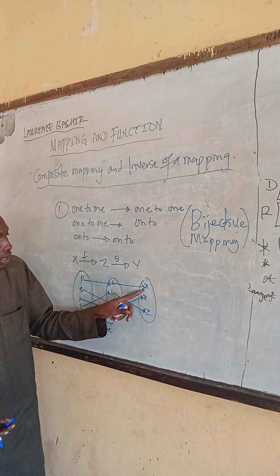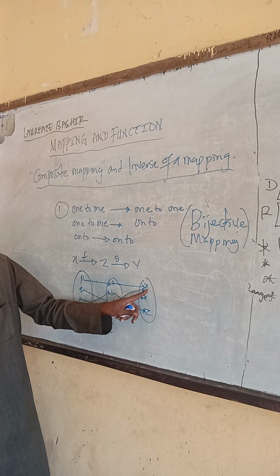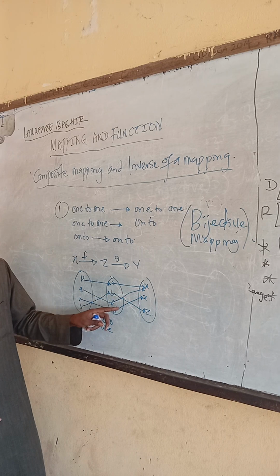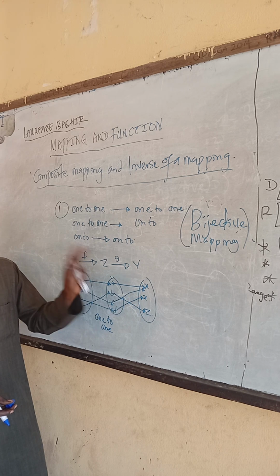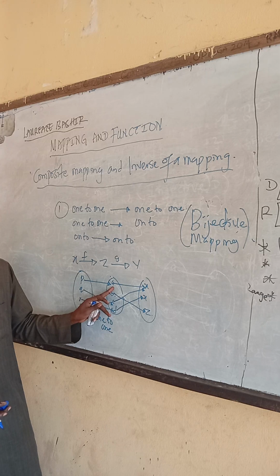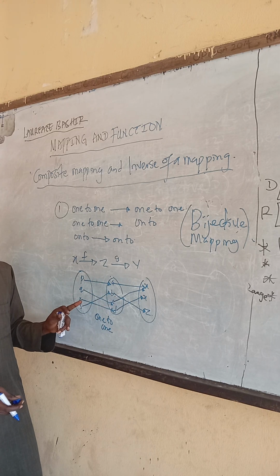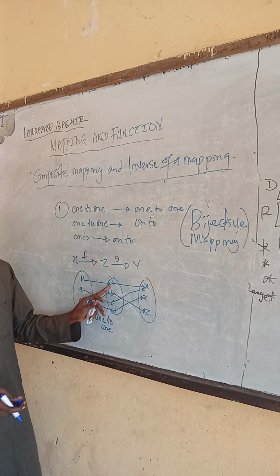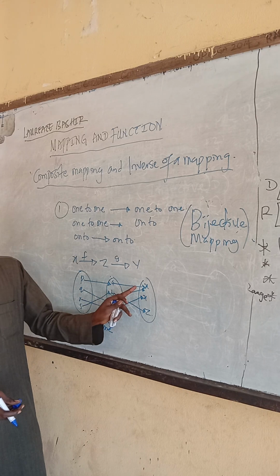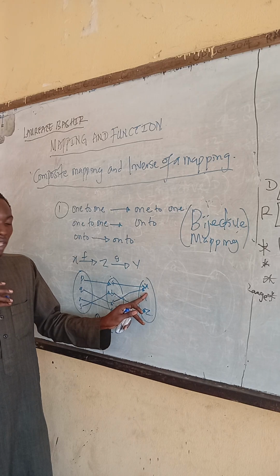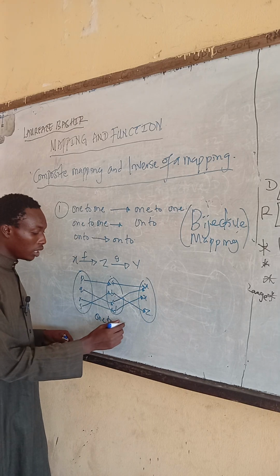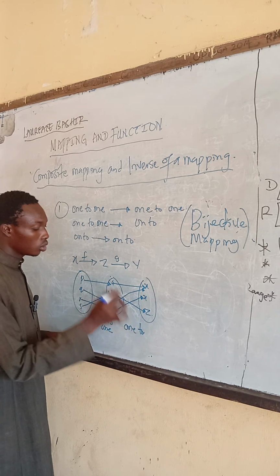A produces X. The same C also produces X. So that means you have an element in the codomain that has at least one image from the domain, which is this one. You can see that you have 2 elements in the domain producing one image in the codomain. So this is onto, abi? This is onto.